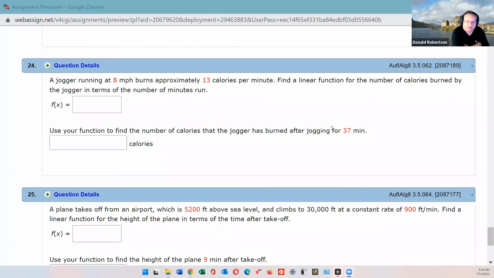Okay, first one. A jogger is running at 8 miles per hour. So I better start writing some of this down. He's running at 8 miles per hour. And he burns approximately 13 calories a minute.